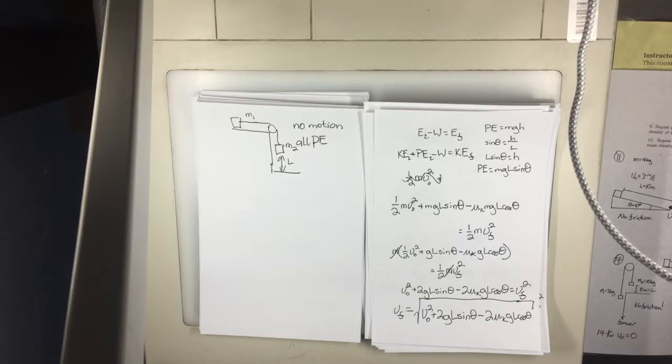Why do I not consider the potential energy of M1? It's on the surface. It does not change its height. So if it doesn't change its height, its potential energy is not contributing to anything.